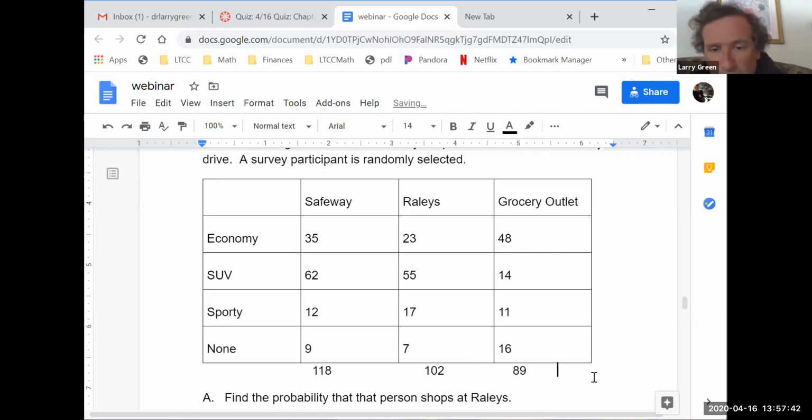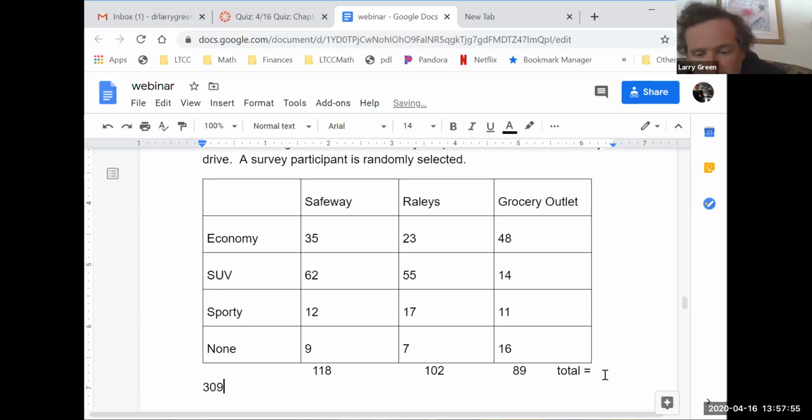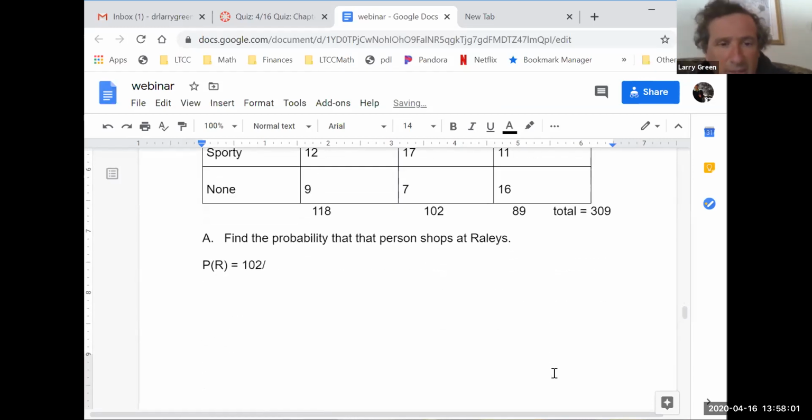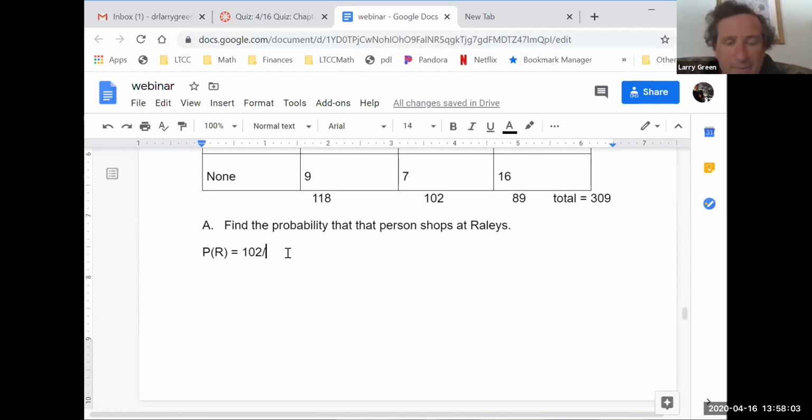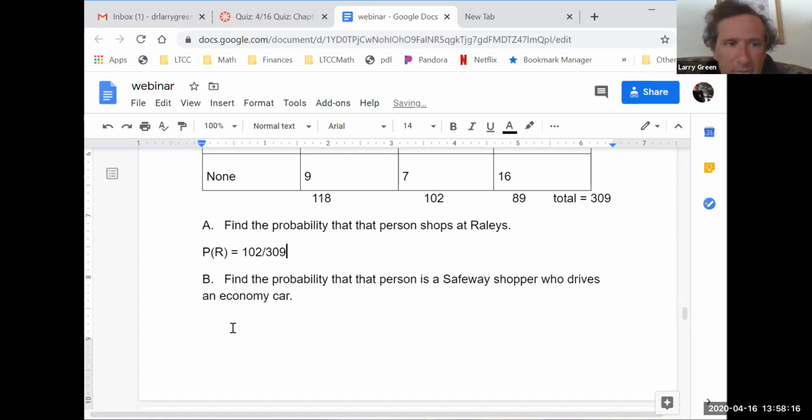So our total is the sum of those. And that's going to be, well, we got 220 and 89 is 309. If I did all my arithmetic in my head right, you're always welcome to use a calculator. So in particular for part A, we just divide by, what do we divide by? Yeah, 309. And that's it. Any questions so far?